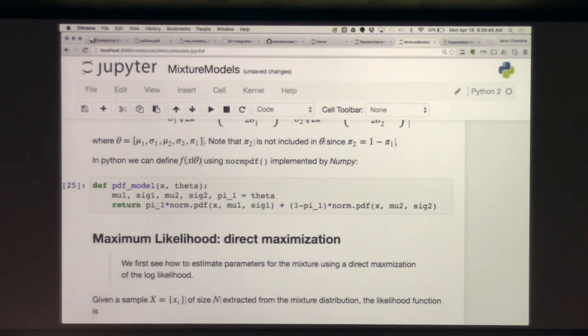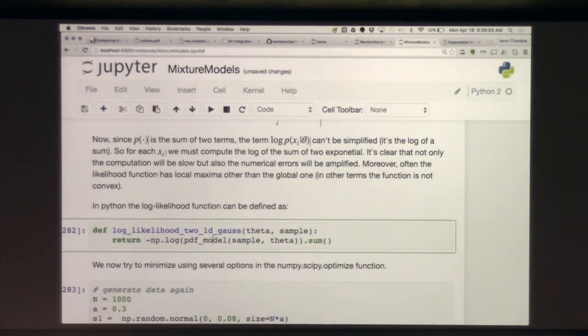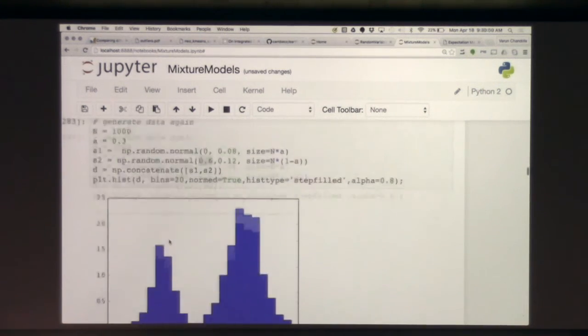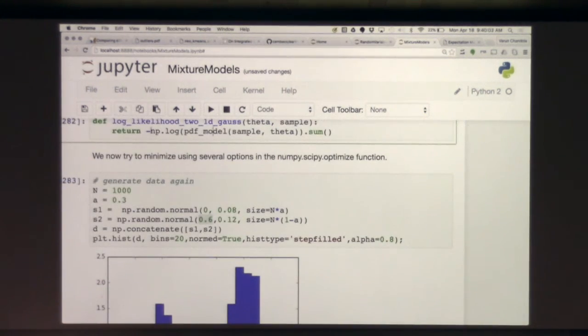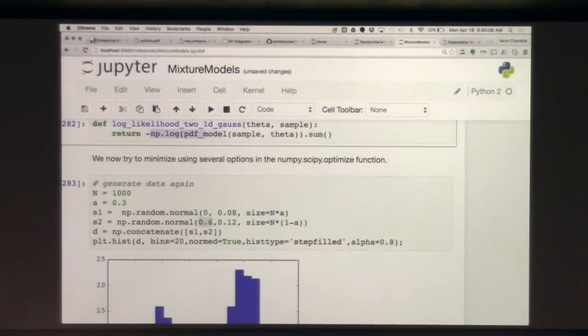Then you compute pi times p1 of x, plus 1 minus pi times p2 of x. I do it for all of my data points, and then I compute the log, so that gives me the log likelihood. I put a minus sign here because, actually, we want to maximize this quantity, so I put a minus and then use a minimize routine.